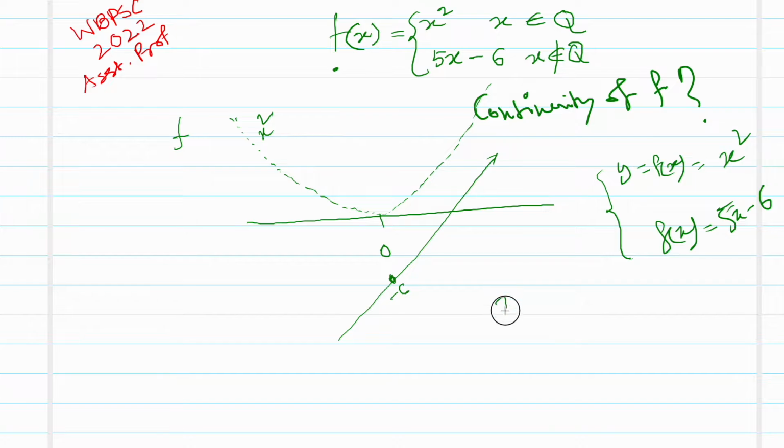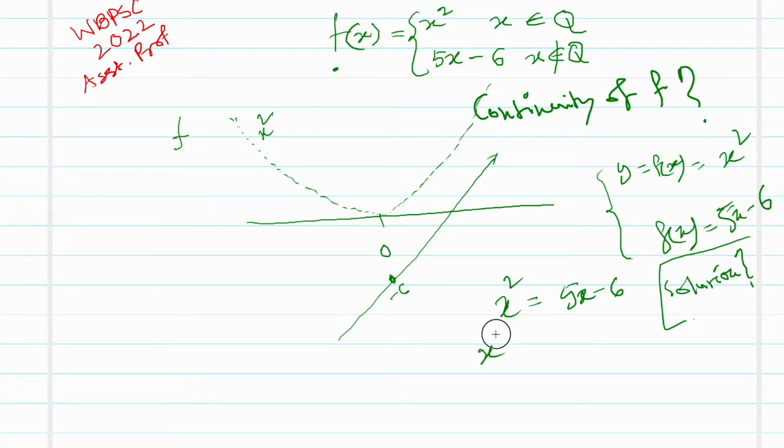We can just equate them. x square equal to 5x minus 6. If this has solution, then they will intersect in those points.